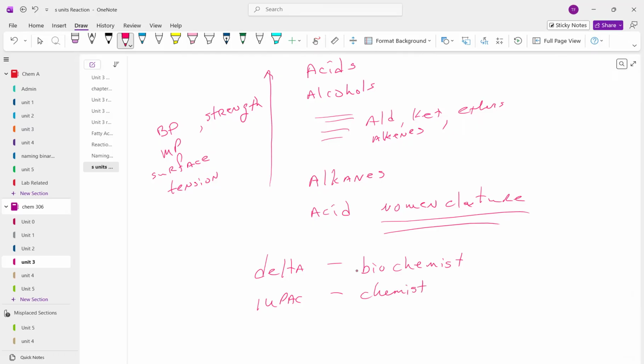Chemists use the IUPAC. Nutritionalists use the common.